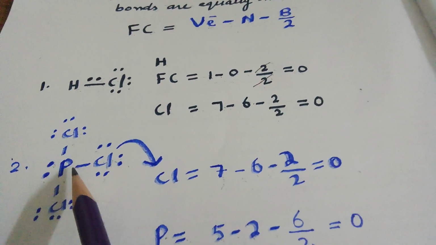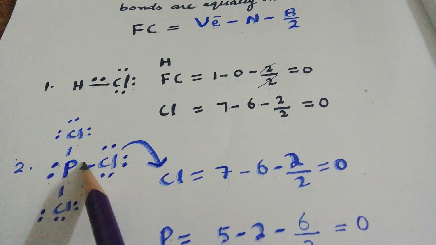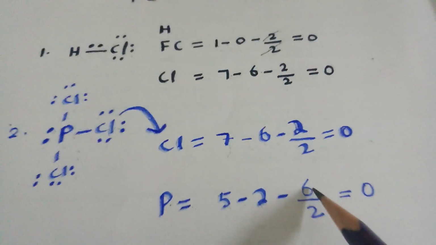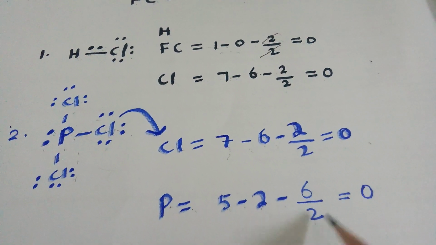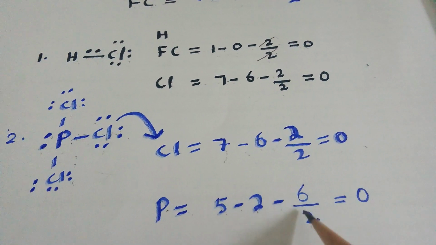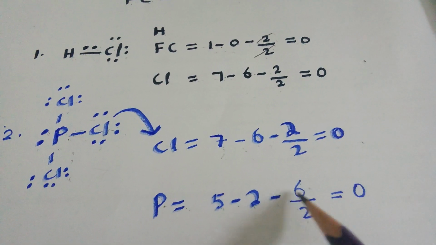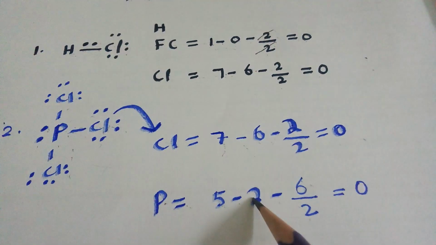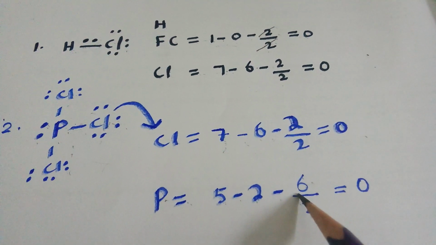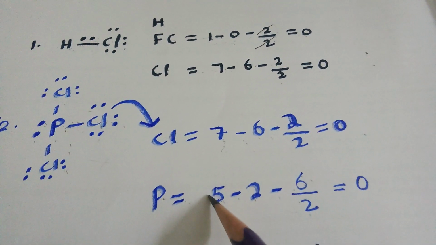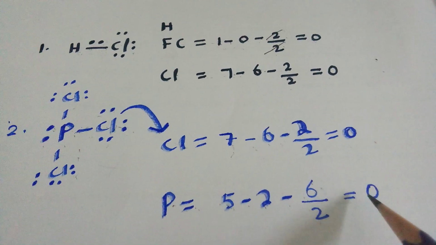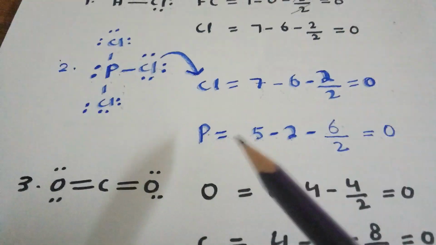So 3 single covalent bonds contain a total of 6 electrons. So 6 divided by 2, and the answer will be 3. Then 5 minus 2 and minus 3, so this will be minus 5 and plus 5. They will cancel out, so the answer will be 0.